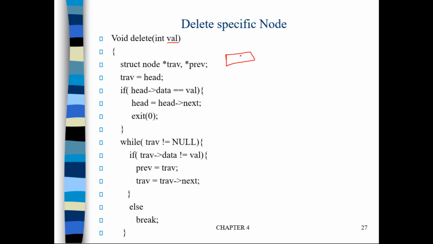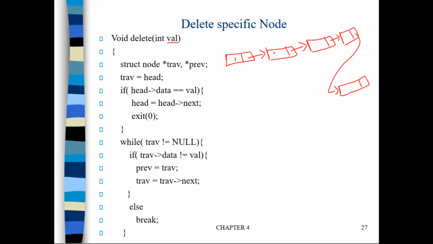Say again, let us assume the same linked list with 5 nodes: 1, 2, 3, 4, and 5. So these are the 5 nodes we have.